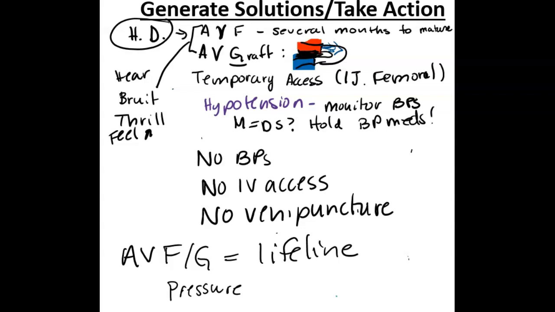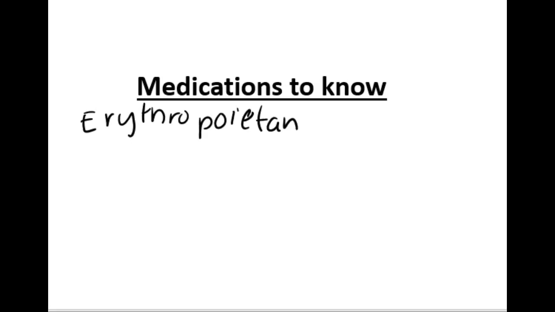Be on the lookout. Okay, so in going through the text and some of the other resources that I review and putting these lectures together, I brought up a few medications that you really should know to take care of a patient with dialysis. Of course, the first one was erythropoietin, Epogen, Procrit.